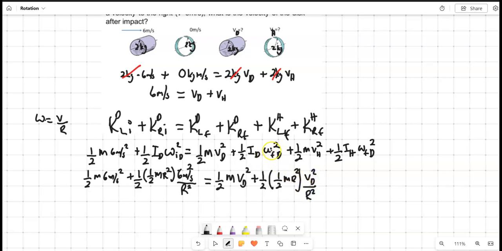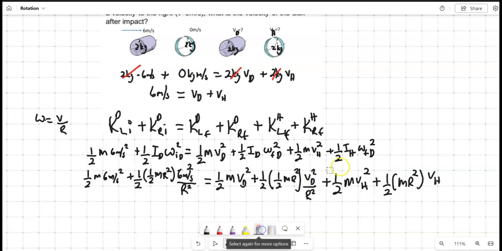So after the impact, it's got this omega, which again is v over r, so it'll be vd over r squared, plus, this is getting big, 1/2 m, the linear kinetic energy of the hoop squared, plus 1/2 the moment of inertia for the hoop, which is just mr squared, times its velocity of the hoop.